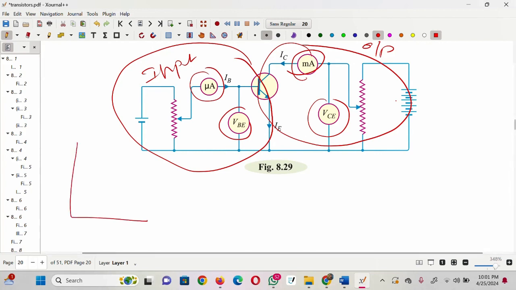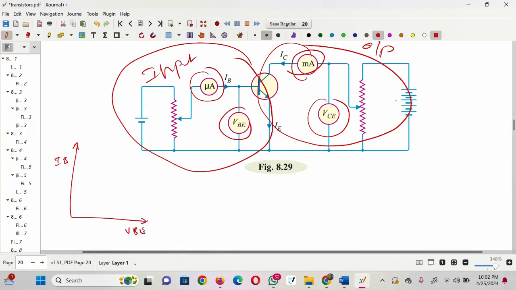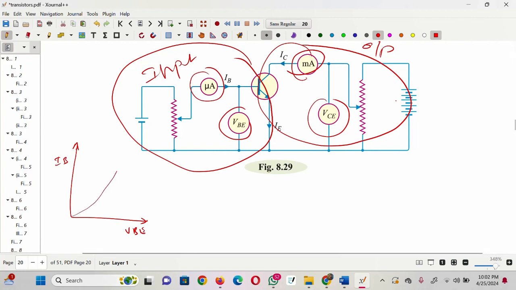So in this circuit, I use IB here and VBE here. The input circuit has linear characteristics. If you increase the voltage, the current will increase automatically.